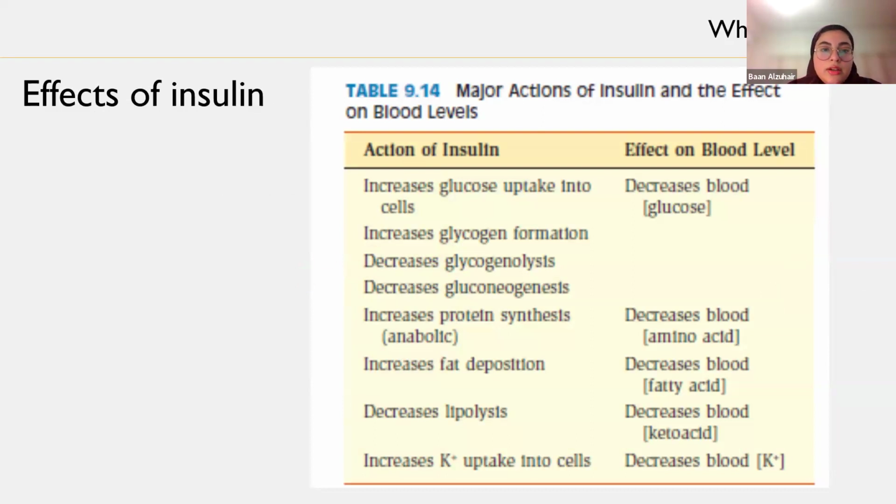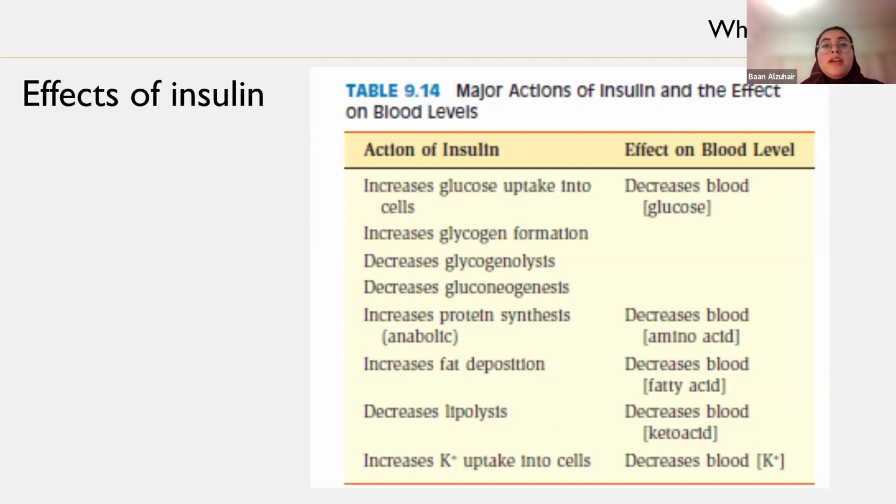It increases glycogen formation by decreasing the degradation of glycogen, increasing its formation by decreasing glycogenolysis. I always get confused between these. So it increases glycogen formation, increasing its synthesis. It decreases its degradation, so it decreases glycogenolysis, and it turns glucose into something else, which is glycogen.